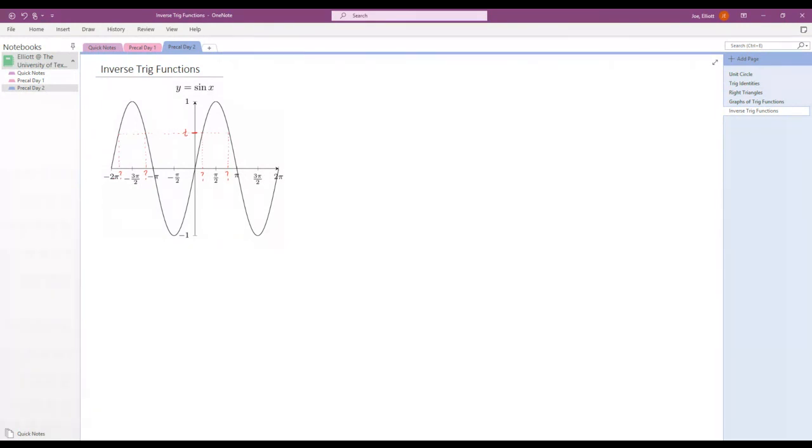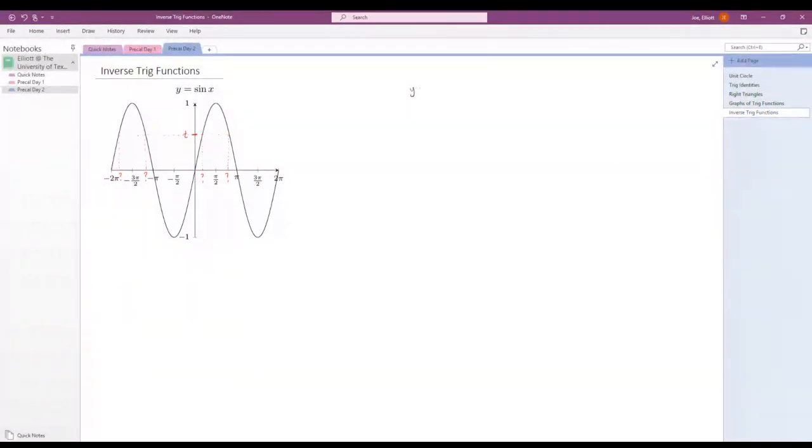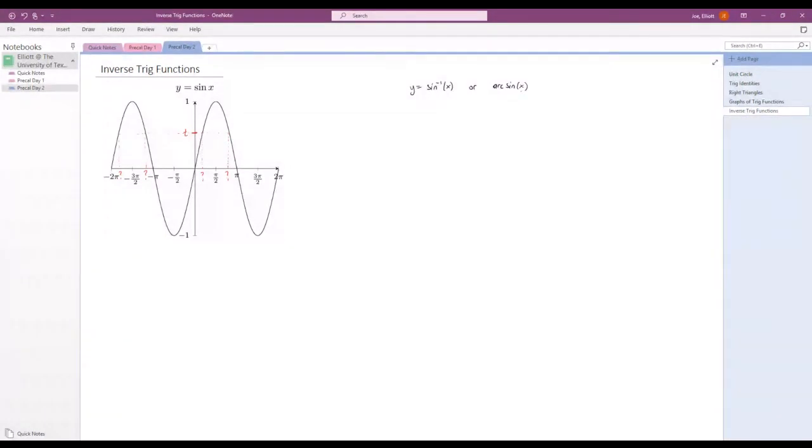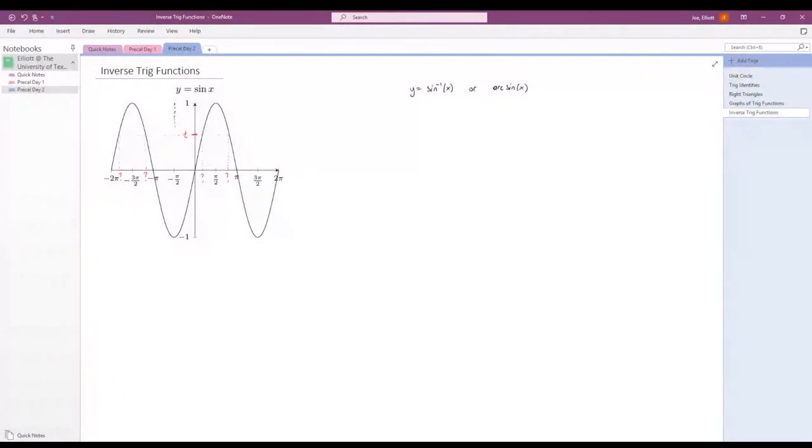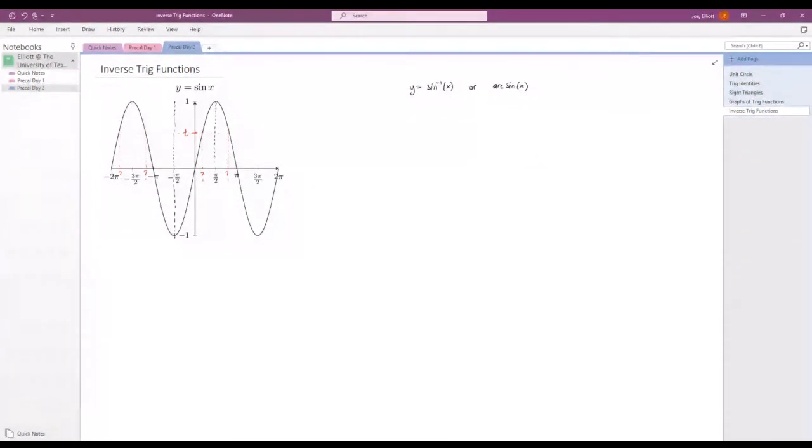So for defining the inverse sine function or arcsine, we put a restriction where we restrict the domain of sine to just the interval from negative pi over 2 to pi over 2.